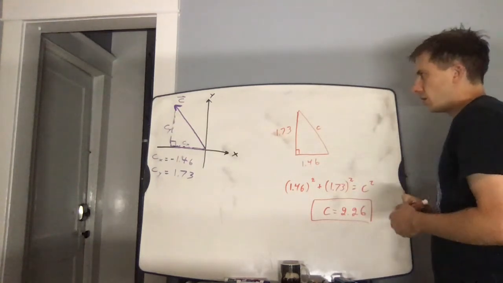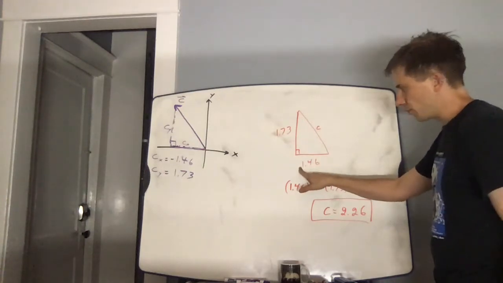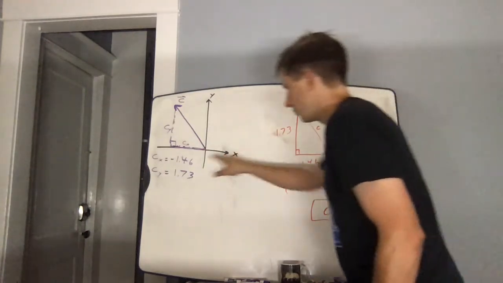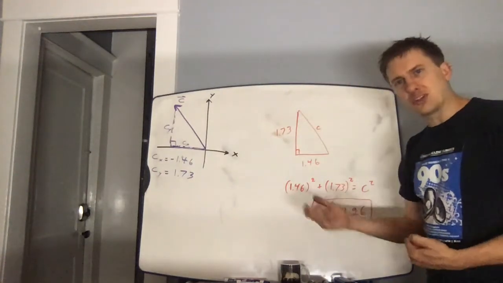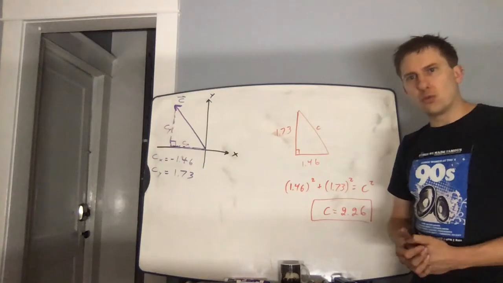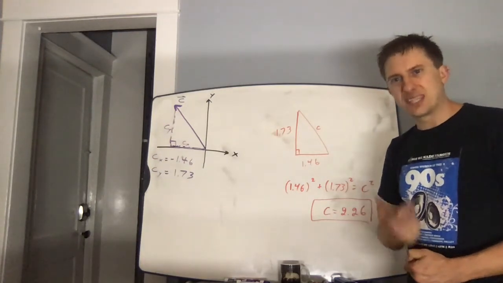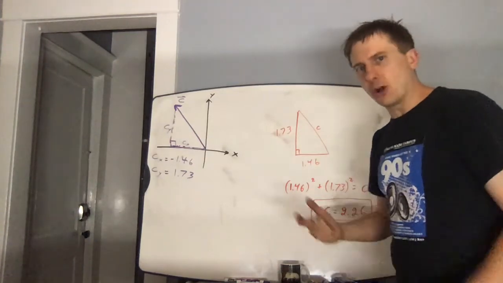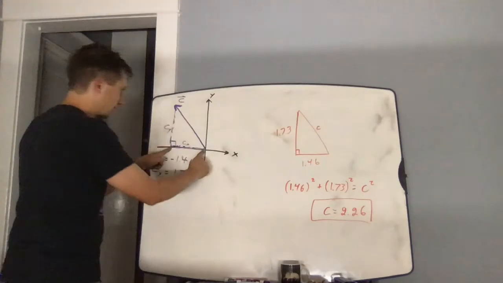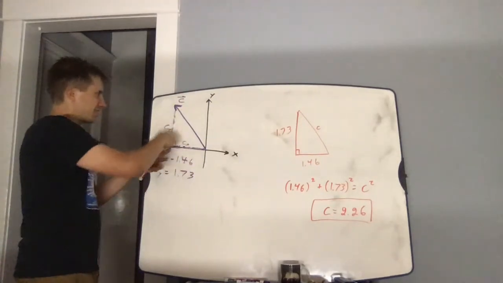Now, what is the justification? The only difference here is I wrote this number explicitly as positive, but this number here was negative. Well, that is true, but think back to chapter 2. Your displacement can be negative or positive, but the distance you walk is always going to be a positive quantity. I am really only caring about the absolute value. What is this distance? What is this distance?